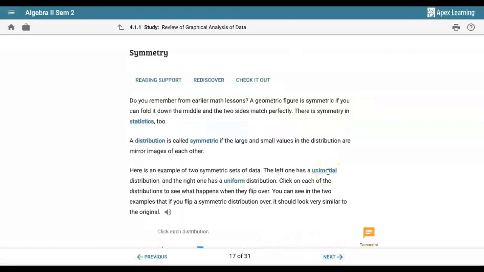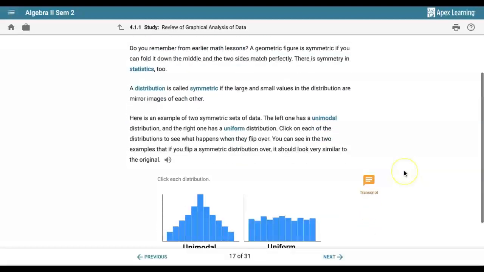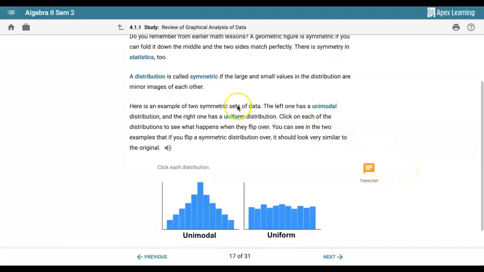Now we have to look at symmetry. We obviously talked about this a lot with graphs, but there's symmetry with statistics too. We're going to look at two symmetric sets of data. The left one is unimodal, that one peak, and the right one has a uniform distribution.